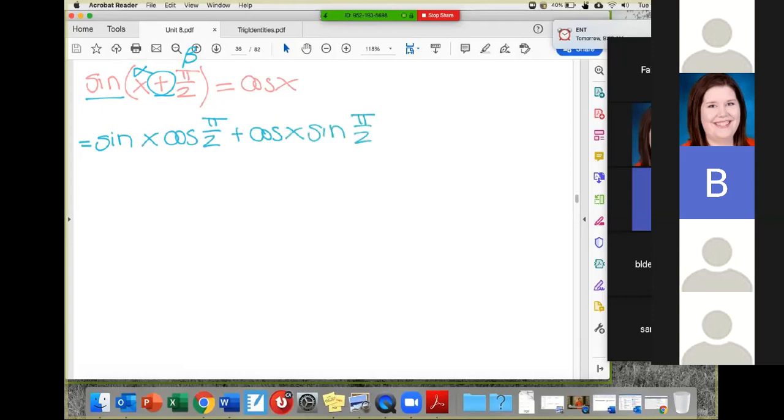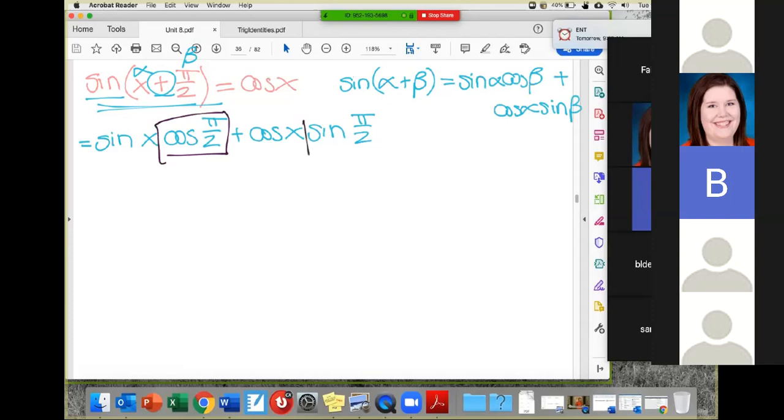Okay. The formula sheet says sine of alpha plus beta is equal to sine alpha cosine beta plus cosine alpha sine beta. So literally plugging in x where alpha is, pi over 2 where beta is. Then these all follow the same process. If they have pi's in them, you look for the pi values and replace those.